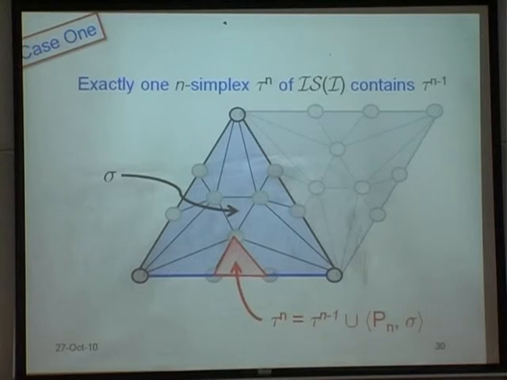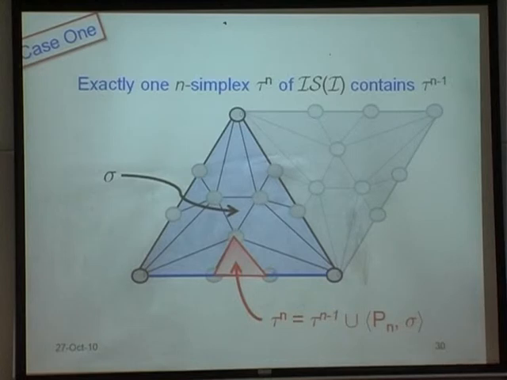But then, given our definition, there's exactly one n simplex of the subdivision that contains it, which is we take process P sub n and we throw in sigma. Because when P sub n took its view, it must have seen itself, because that's one of our combinatorial conditions.